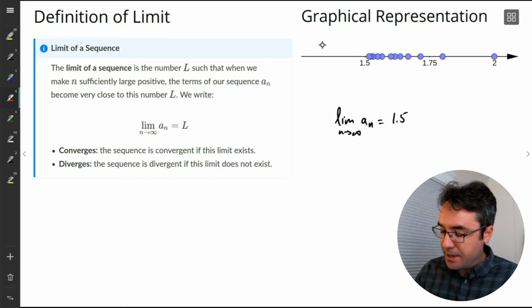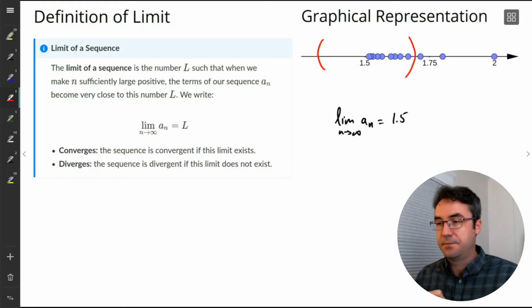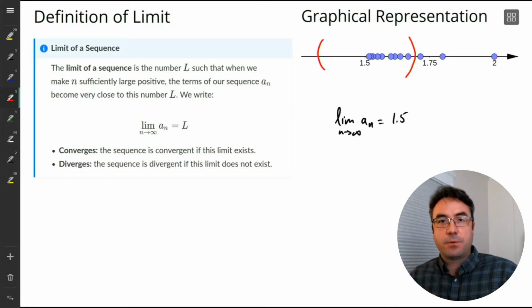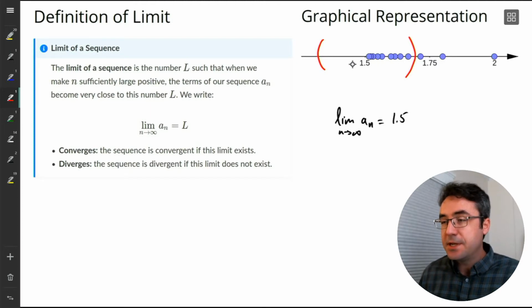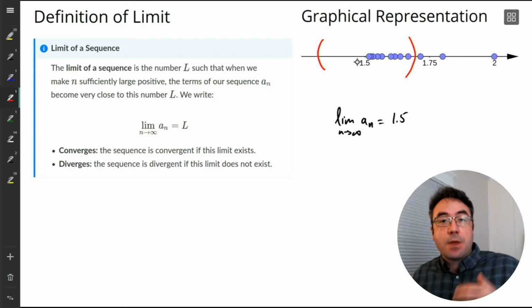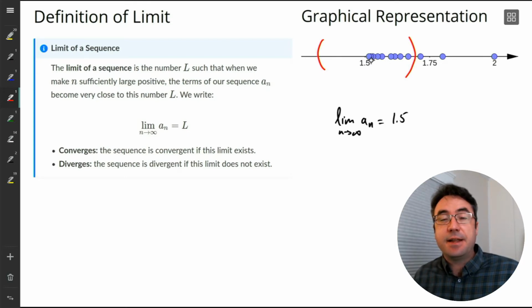Well, if I were to draw an interval centered at 1.5, what's happening? Well, what happens is that most of the terms of our sequence fall inside that interval.